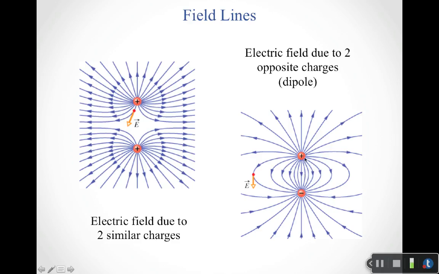Right? If I were to think about what's going on with the field right here, well, it points away from my positive charge and towards my negative charge, and so along this line they're actually adding together.